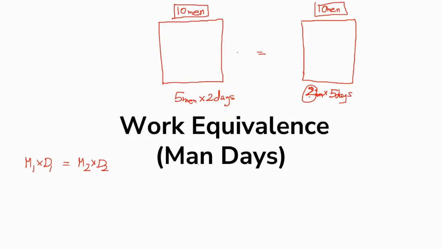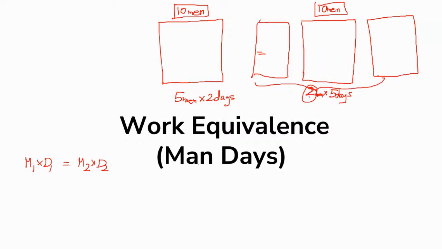For example, they were saying the same thing. So 5 men can do the work in 2 days for this building, but I need to construct three similar buildings.